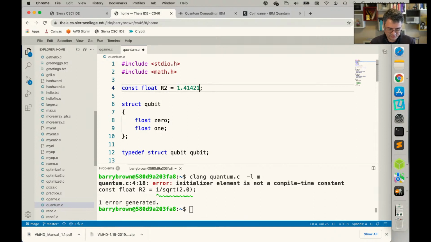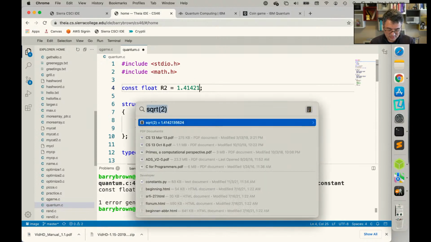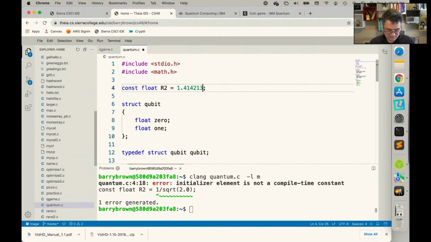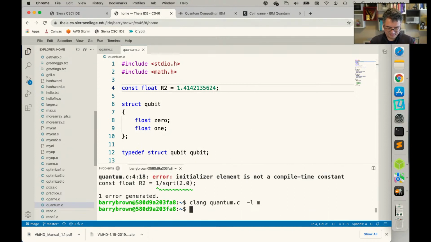Can I go a little bit further? 35624. That I think should be more digits than a float can hold. There we go. Now I don't need the math library.